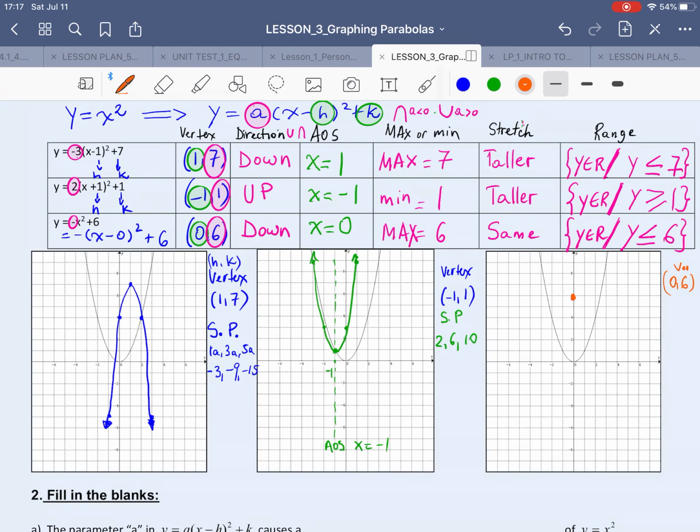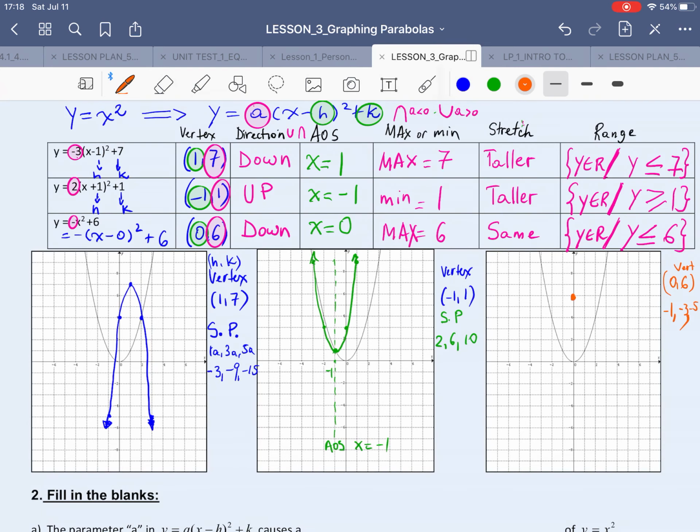So 0, 6 is the vertex. And the step pattern here, because we have a coefficient of -1, is -1 times a, -1 times 3 times a and 5 times a. So that would be -1, -3, -5.